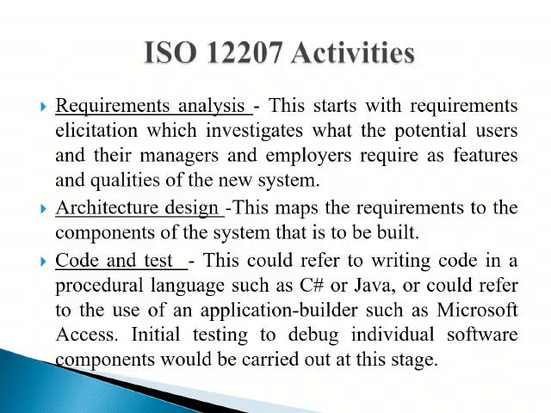So, ISO 12207 activities. The first activity is requirement analysis. This is a process of gathering the requirements from the client by arranging an interview, recording the requirements which have been collected, and analyzing whether these requirements can be further forwarded or have to be dropped at this point.